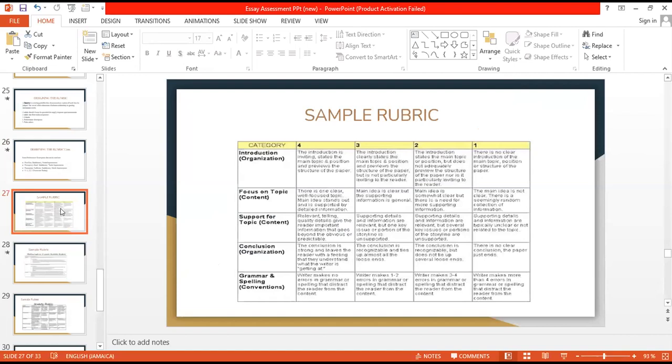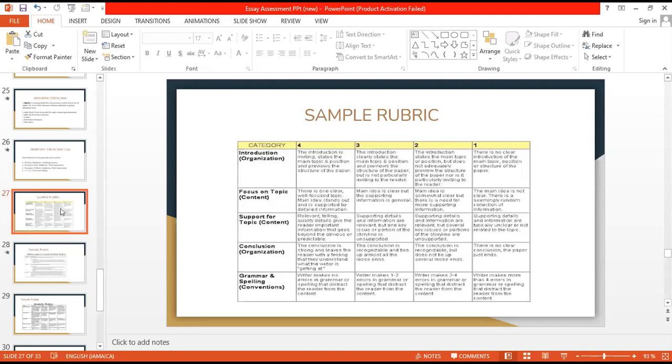Now, looking at this, sorry that the wording is so hard to see, but for the sample rubric in front of us, there are 5 categories in which students will be marked.